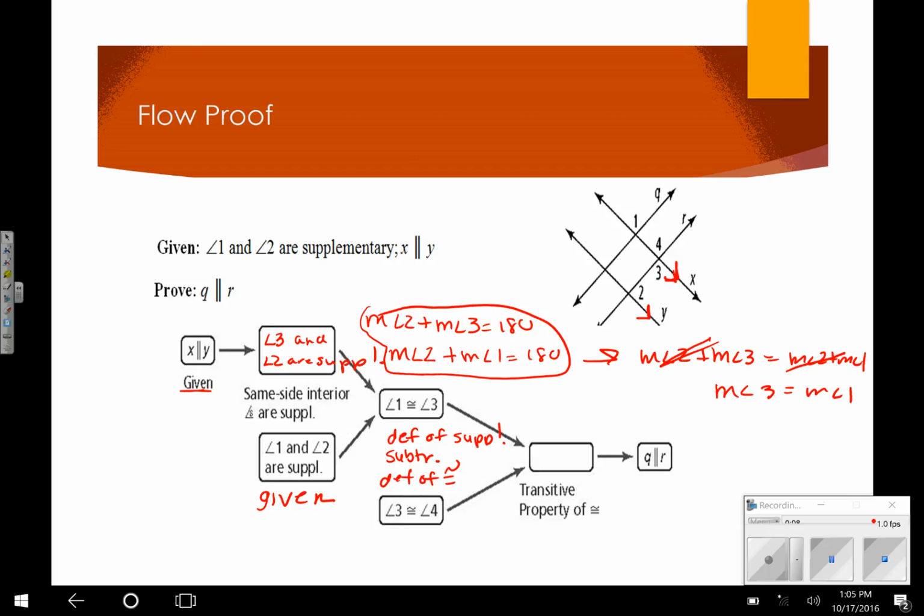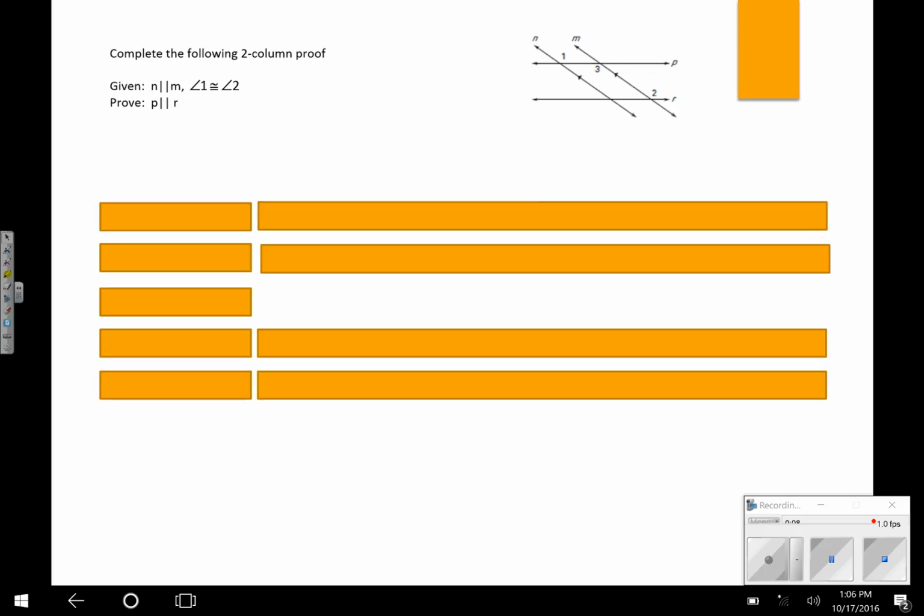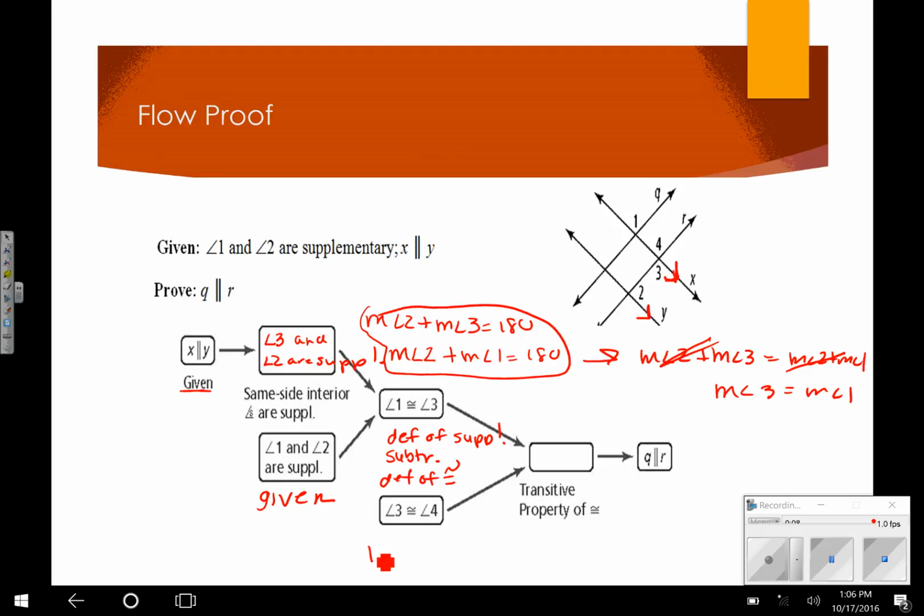And then angle 3 congruent to angle 4 is because vertical angles are congruent. And then by transitive property, we can say that angle 1 is congruent to angle 4.